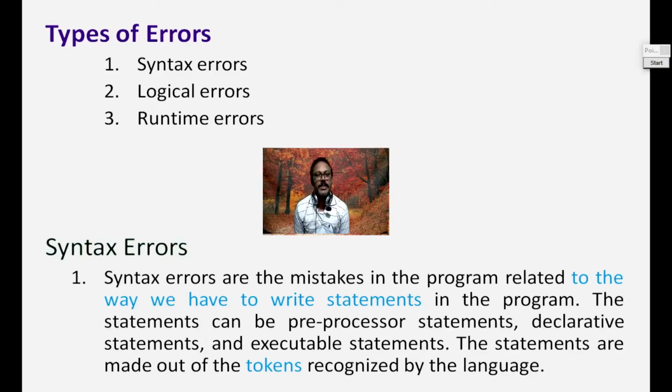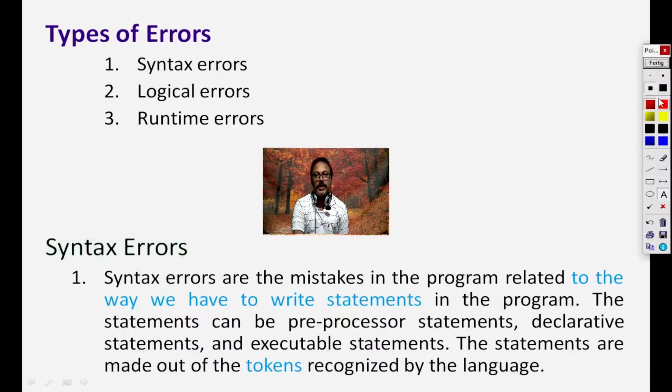These are the three kinds of errors which you may encounter while compiling the program and also while running the program. The first set of errors are syntax errors. Syntax errors are those which are related to how you write the statements, whether you have written them in the correct way or not.